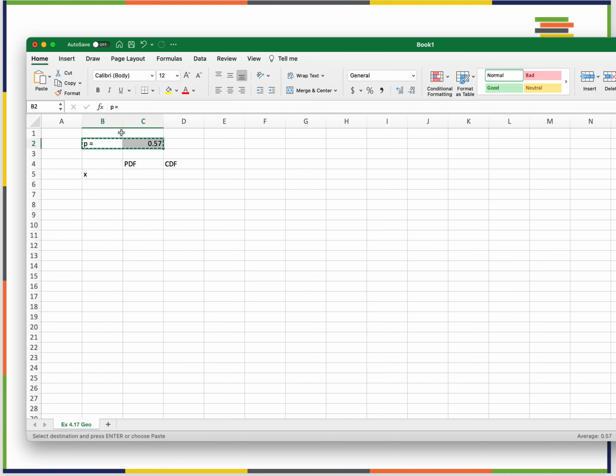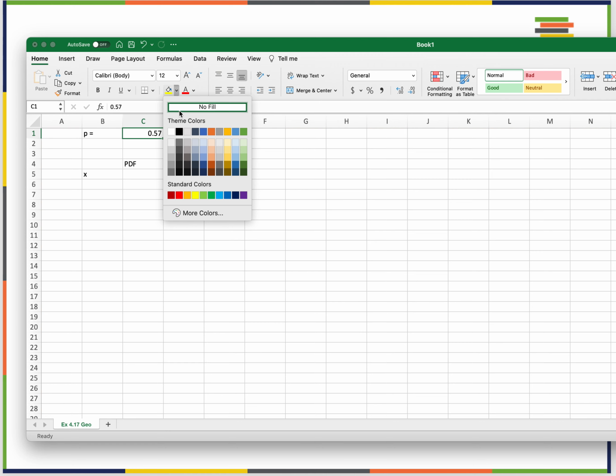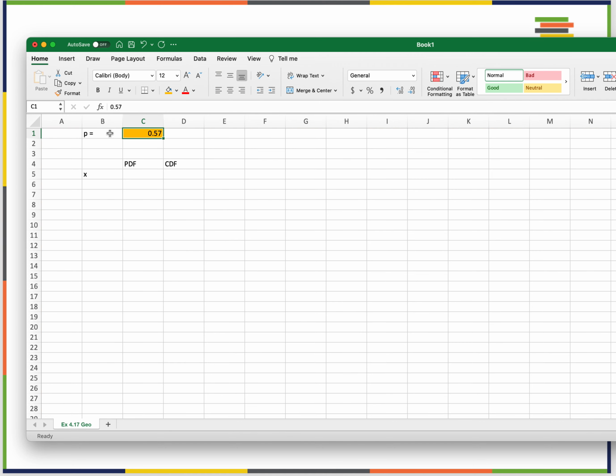I'm going to make this orange because this is a parameter and it's something we're going to keep fixed. I'll put a little box around that. That's the only parameter in this distribution, this 0.57. And if we change it, then we can change what happens. So what's our X? This is the probability that big X is equal to little x. And this one is going to be the same kind of thing. Copy, paste.